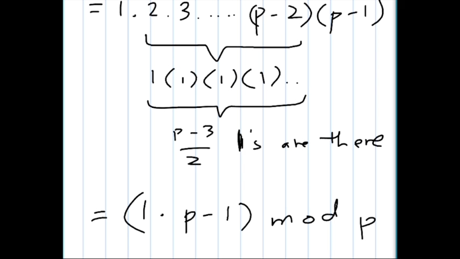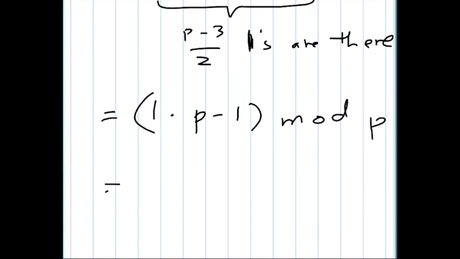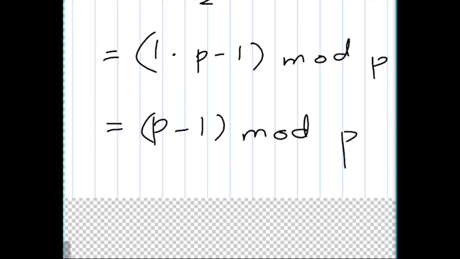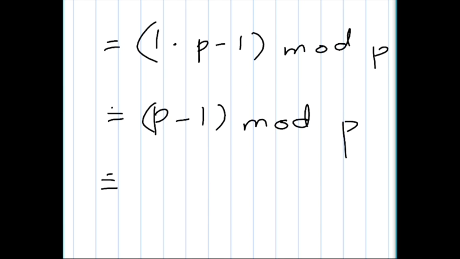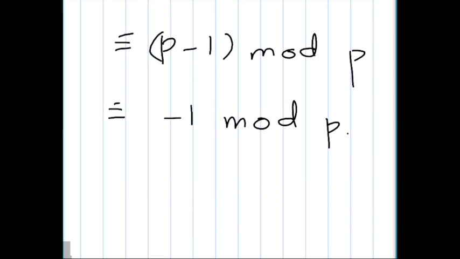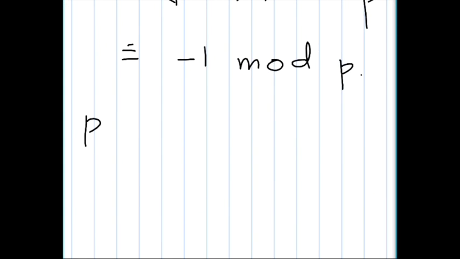Now p minus 1 mod p is actually minus 1 mod p. So this is a very simple proof.